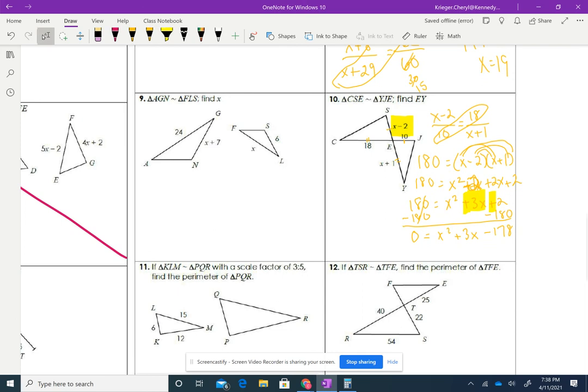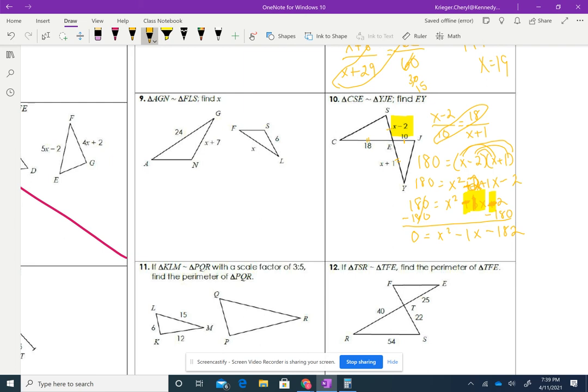So, and then plus 1x minus 2. So this is minus 2, and this is minus 1x. There we go. Okay, so x squared minus 1x minus 182.